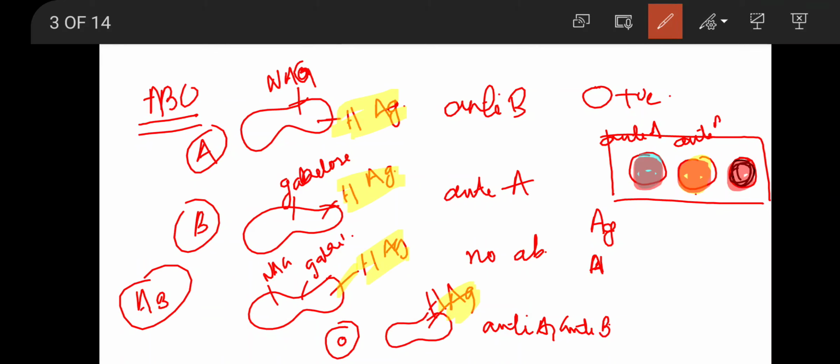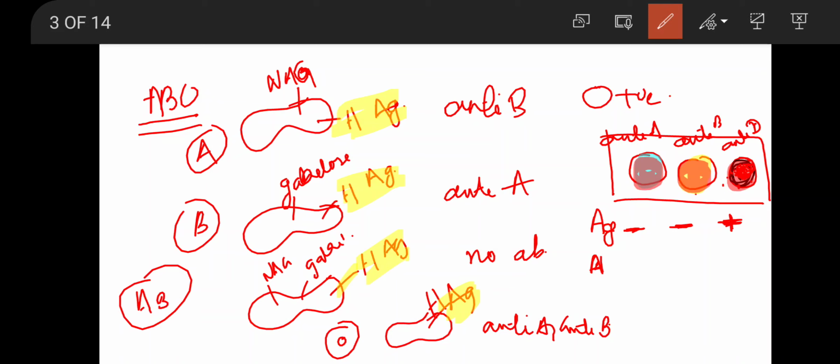This is anti-B, this is anti-D for looking at Rh positive or negative. So in O positive, A antigen is absent, B antigen is absent, and D antigen is present because it is O positive. So you get clumps, a chili pepper appearance, at this point only. This is the way how you get it.